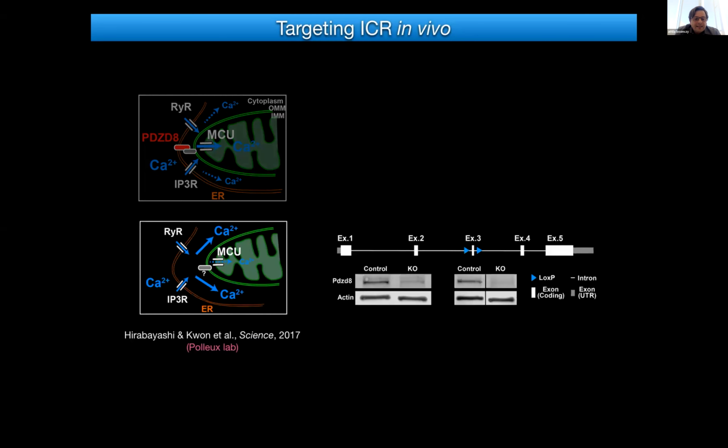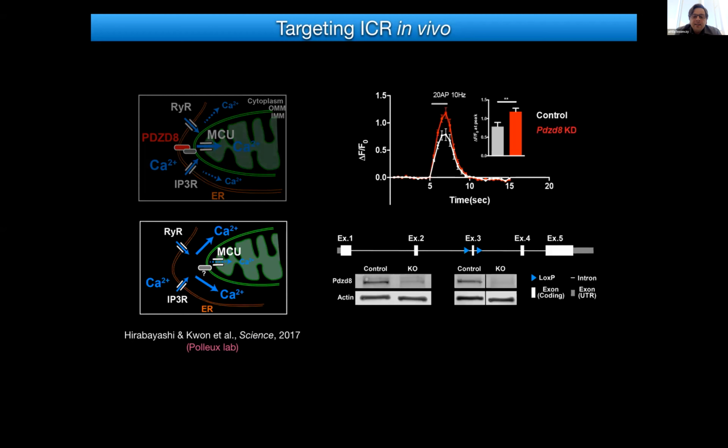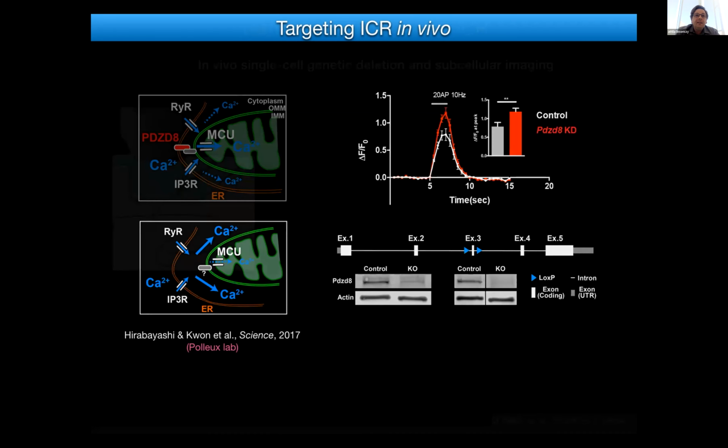When they deleted the PDZD8 gene, it increased the cytosolic calcium level in response to strong synaptic stimulation, which provided us with a gain-of-function manipulation to increase cytosolic calcium levels in response to synaptic activation, a key signaling component for neural activity.